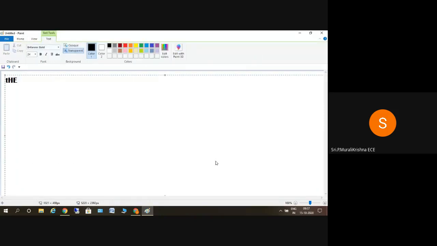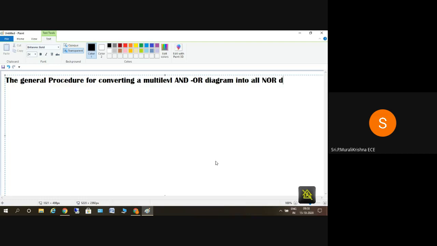The general procedure for converting a multi-level AND OR diagram into an all NOR diagram is as follows.